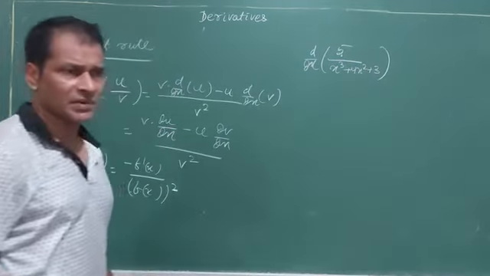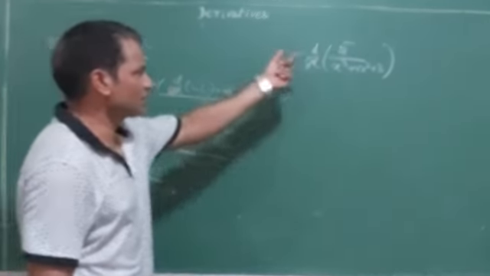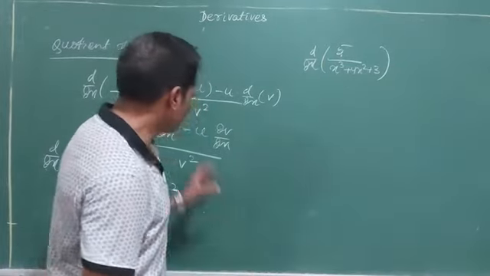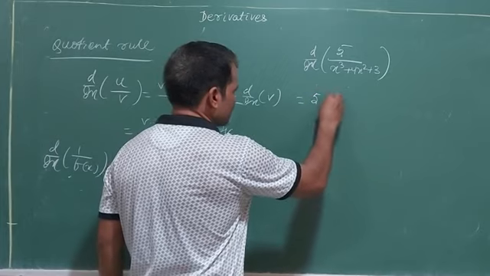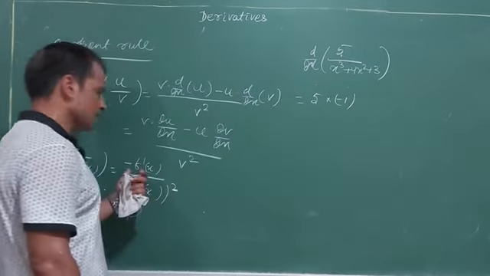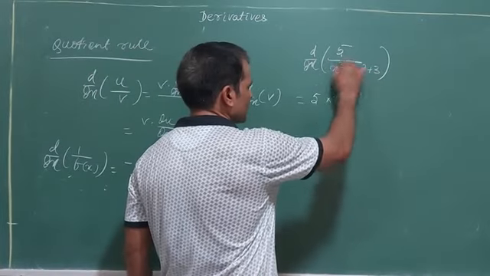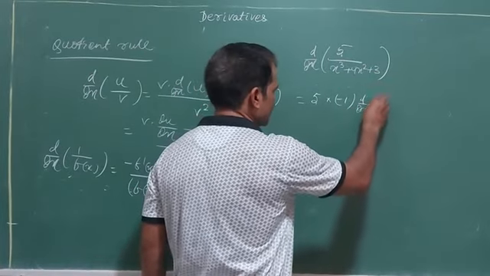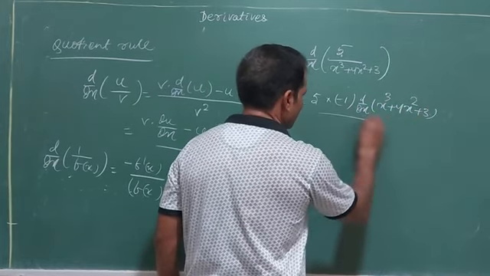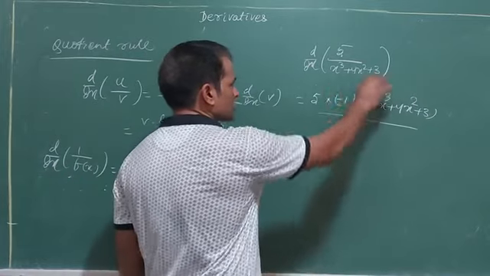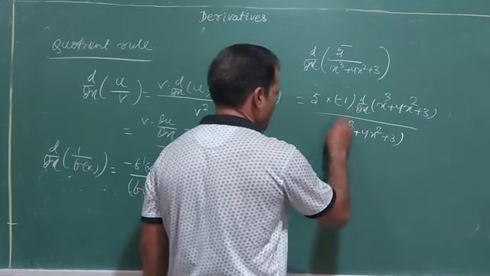Why should I waste my time applying the quotient rule here? Because the numerator is a constant, independent of x. So no need to apply this formula. Directly go to this formula: 5 is constant into minus 1 because there is a minus sign, into f dash x, the derivative of the denominator, by the whole square of x cube plus 4x square plus 3.